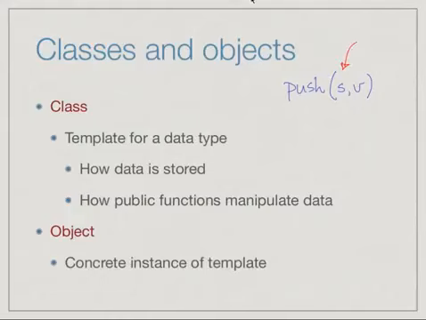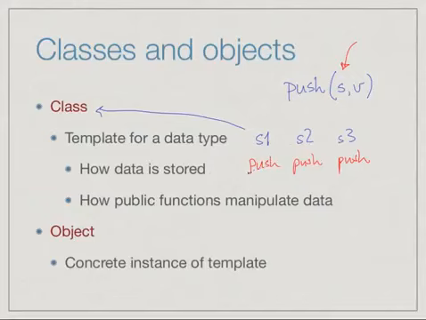On the other hand, now we have several stacks, S1, S2, S3, etc., which are created as instances of this class, and logically each of them has its own push function. So there is a push associated with S1, there's a push associated with S2, there's a push associated with S3, and so on. And each of them is a copy of the same function derived from this template, but implicitly attached to a single object.